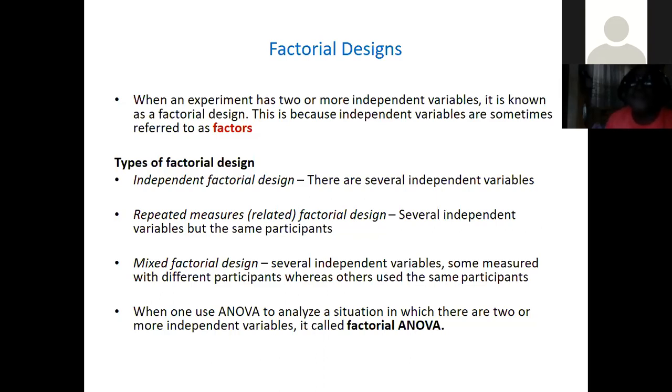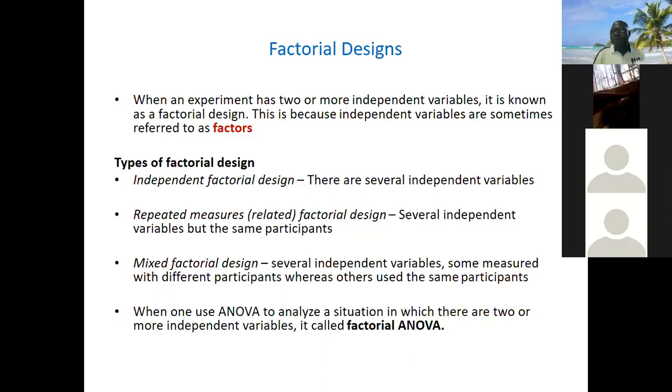For example, the case of libido and Viagra is one-way ANOVA because it is only one factor, the Viagra, that defines those 3 groups. One group you give placebo, second group low dose, third group high dose.